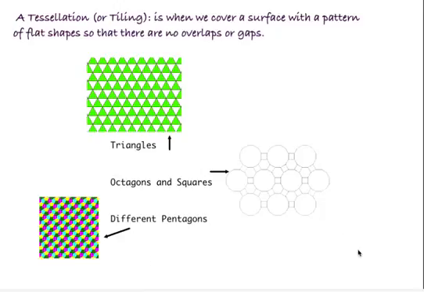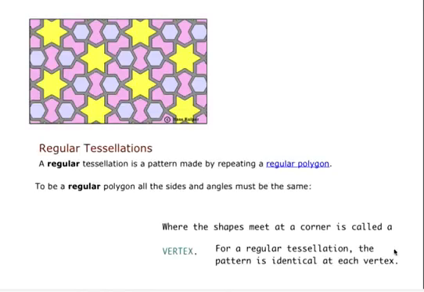There are different types of tessellations. The first kind is a regular tessellation, and a regular tessellation is the pattern made by a repeating regular polygon pattern. And if you remember, for a regular polygon, all the sides and angles must be the same.